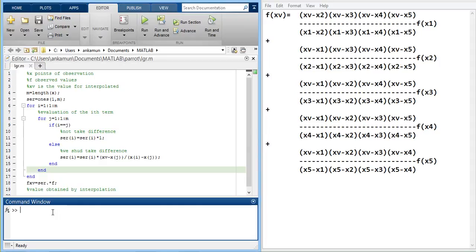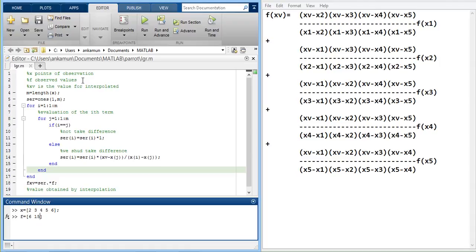Now we will create some data to work with. I have the length of a pet fish measured for 5 consecutive weeks. The length is in centimeters. The week numbers become our observation points. And the observed lengths become our array F. So in the second week, it was 6 centimeters.